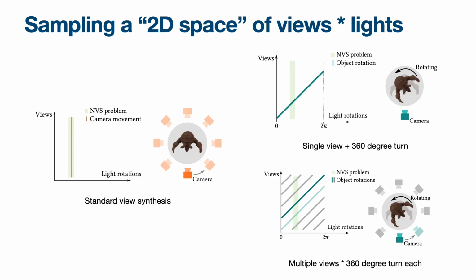Now think about what happens if instead you fix the camera and do one full rotation of the turntable. What you get, in the frame of reference of the object, is a diagonal through this space. The light is changing, the view is changing, but they are tied together. So it's kind of like a diagonal.